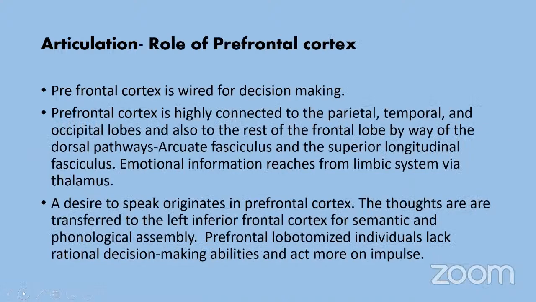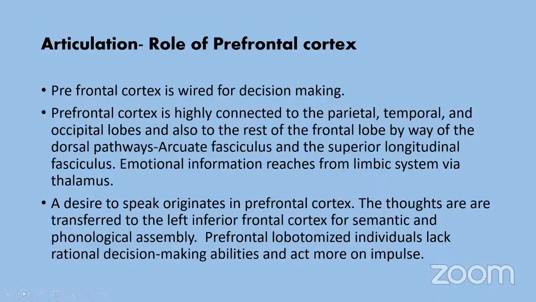So what is the role of the prefrontal cortex? It is wired for decision making. It is highly connected to the parietal, temporal, occipital lobes, and also to the rest of the frontal lobe by way of the dorsal pathways, which include the arcuate fasciculus and the superior longitudinal fasciculus. The emotional information, as I said, reaches from the limbic system via the thalamus.